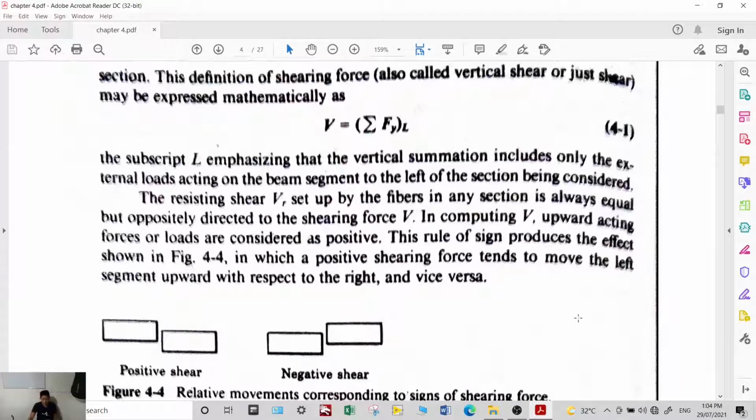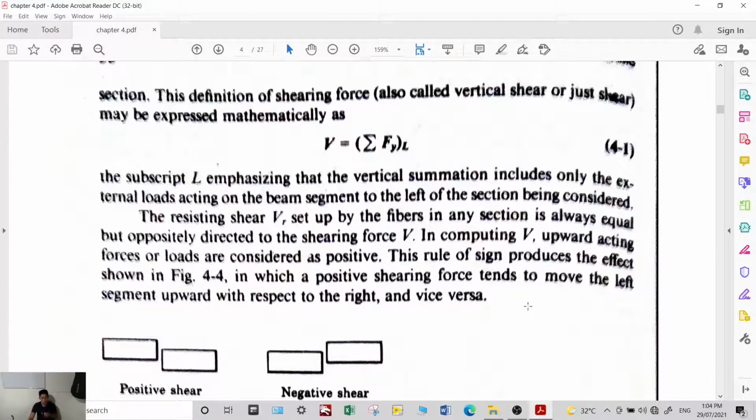Okay, so we have a rule. The resisting shear set up by the fibers in any section is always equal but oppositely directed to the shearing force.